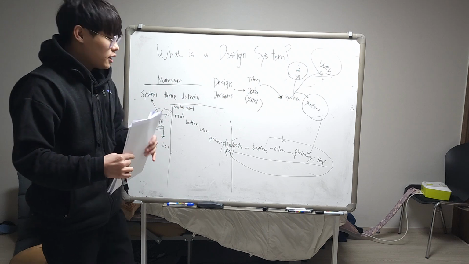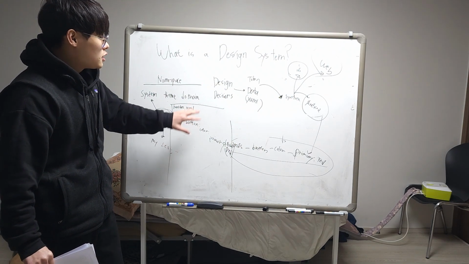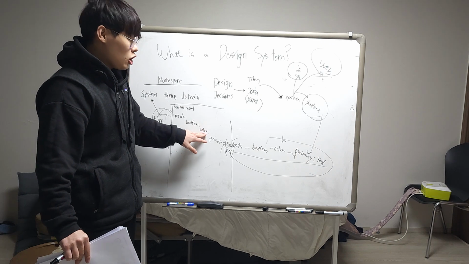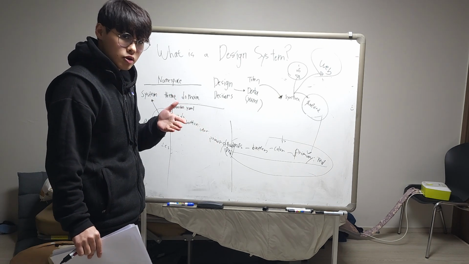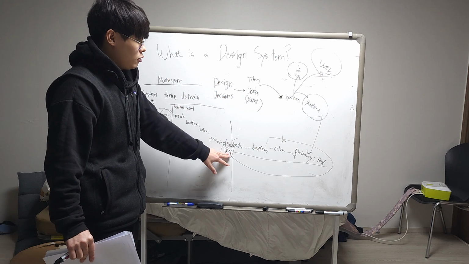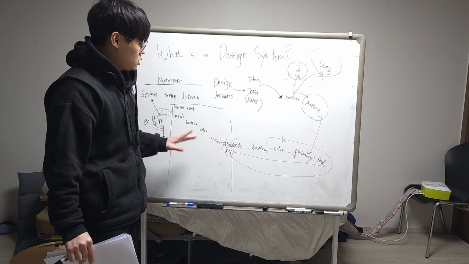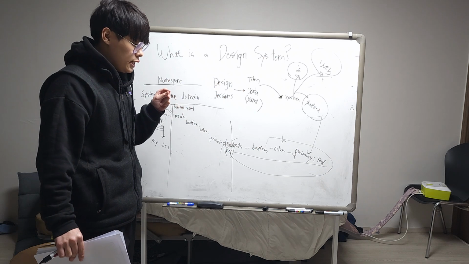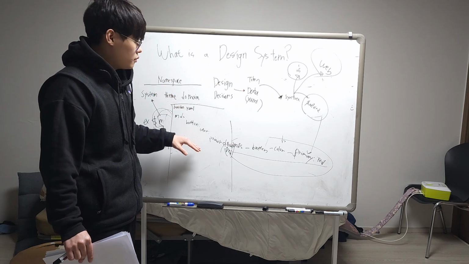It's really simple. MDS is your design system name, button is the component, color is the category you have to care about, primary is the variant, and then finally the value, red. It's really easy to read, right?